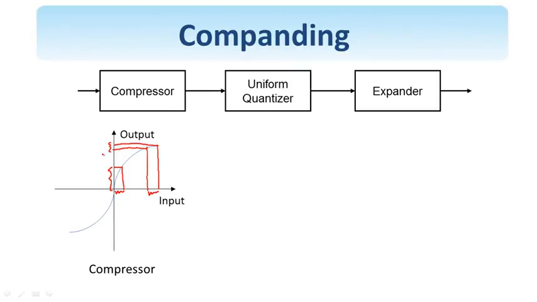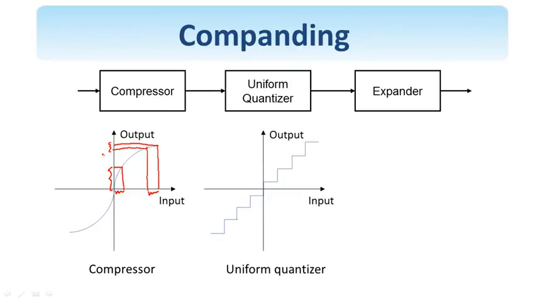Therefore, regions close to the origin in the input of the compressor occupy a greater fraction of the total region covered by the compressor. The output of the compressor is quantized using a uniform quantizer, and the quantized value is transformed with the use of an expander. So the overall effect is the same as using a non-uniform quantizer. We clearly encountered these compressor-expander mappings when we covered image enhancement.